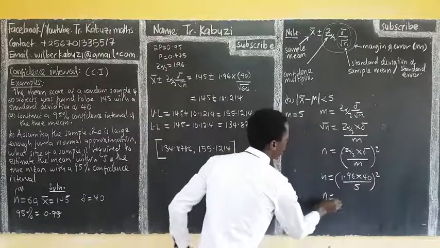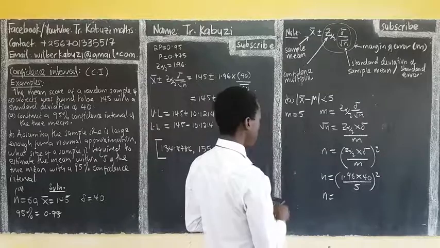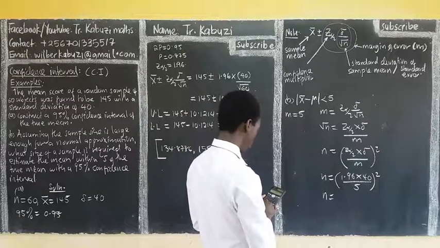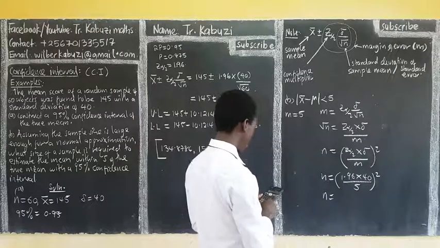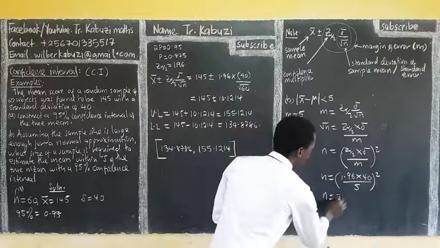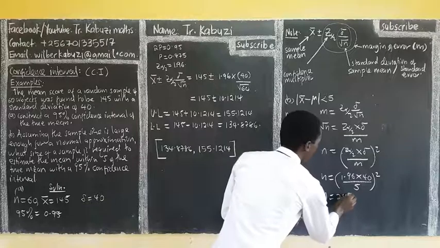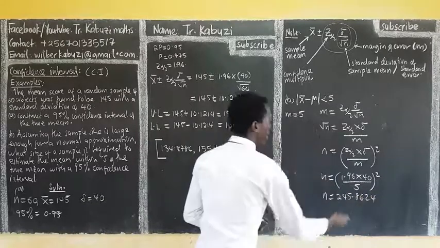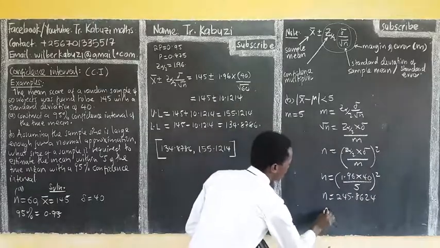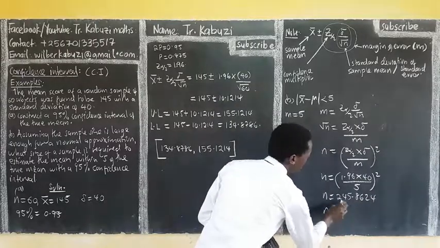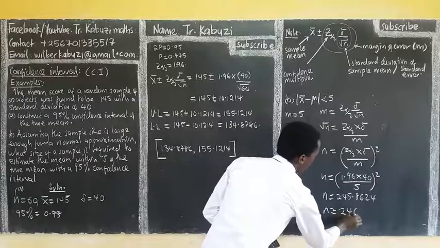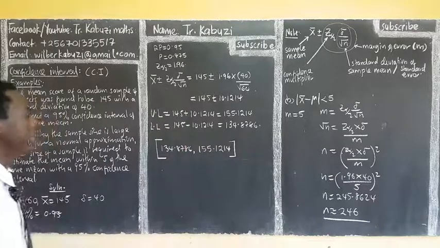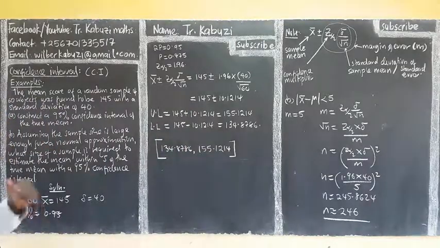When you put that on the calculator, I'm getting 245.86, and then we approximate this to the next integer, which is 246. So that's the size of n that should be used if we approximate to a normal approximation.